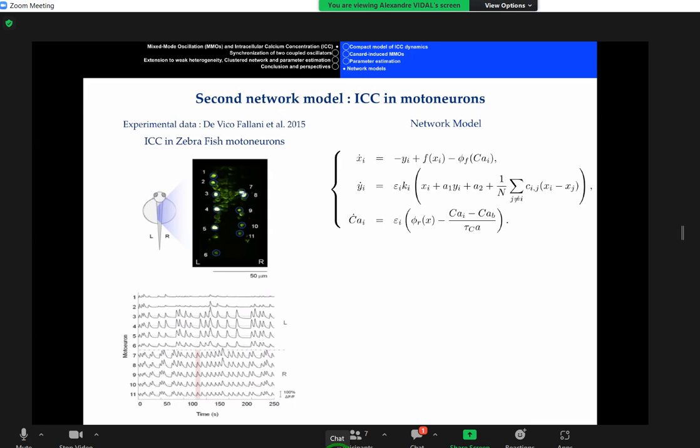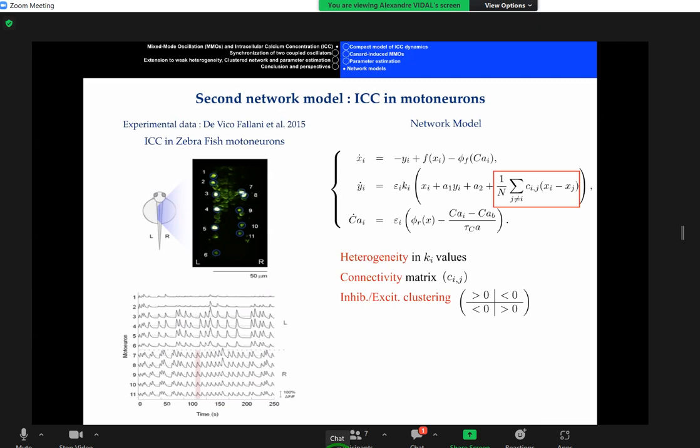So it's quite natural to introduce a network connectivity using a coupling from the electrical activity onto the ionic activity. It is consistent with the time scale of the CICR mechanism. We introduce some heterogeneity in Ki so that we can understand. And the connectivity matrix is given by Cij.